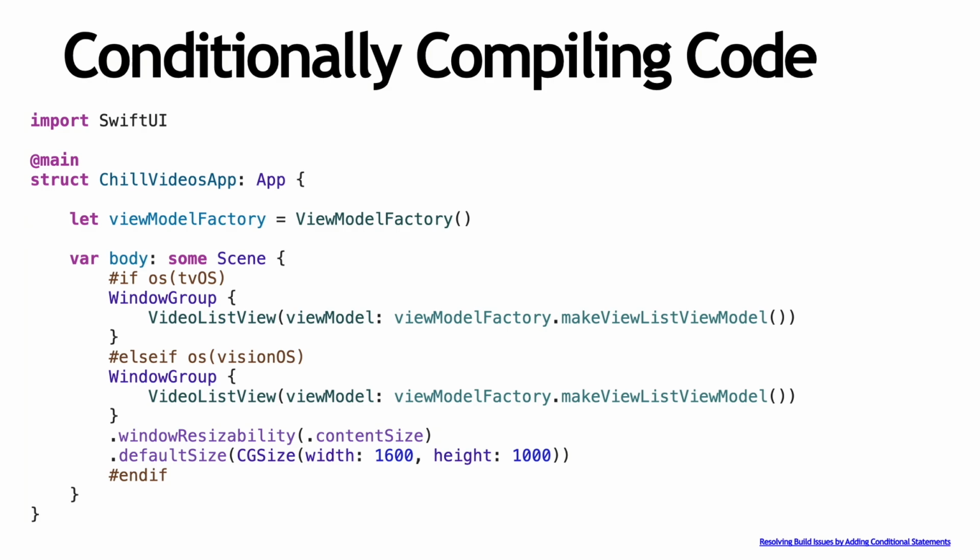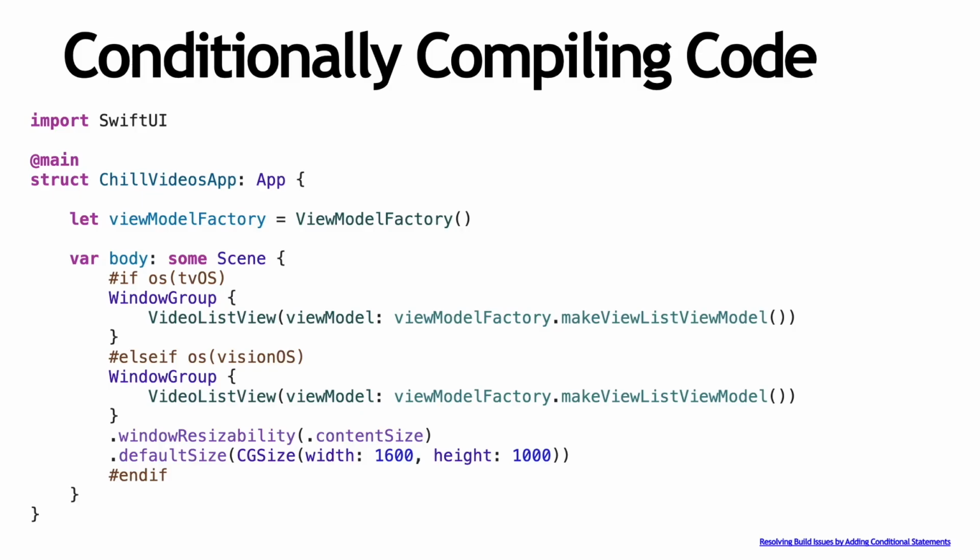So what I've got here is me trying to conditionally compile the code across different platforms. I've got my main entry point into the app. But if you look at the body, you can see I've got this #if os(tvOS) kind of language. At the bottom, it's #elseif os(visionOS).